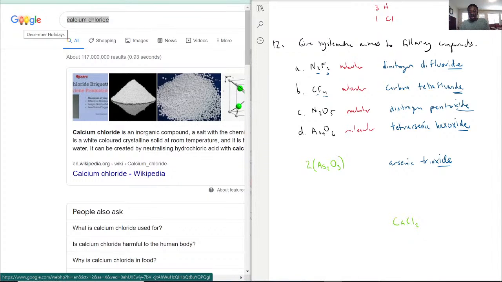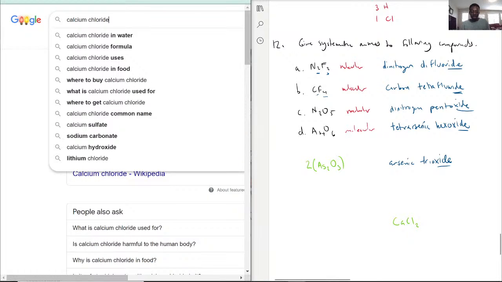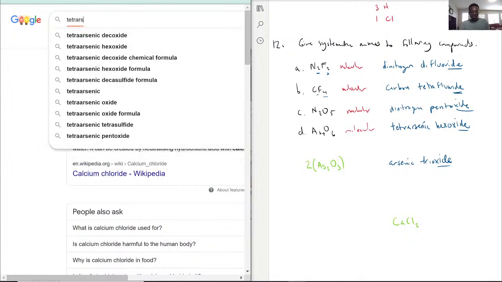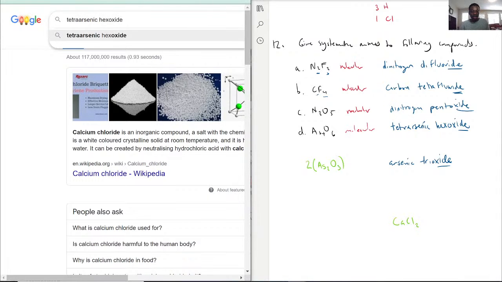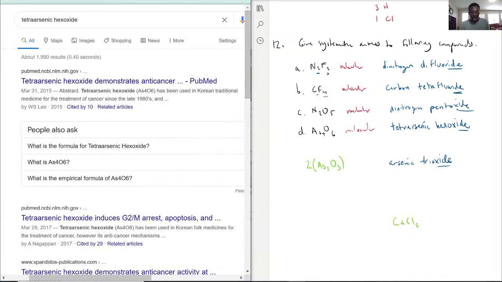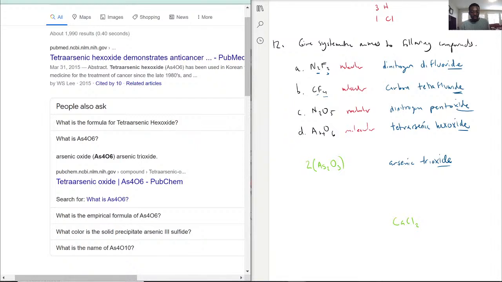But if I were to type in tetraarsenic hexoxide, it shows up. You see, As4O6. Yeah, so it's a real thing, but if I click this, it calls it arsenic trioxide. So it has multiple names.